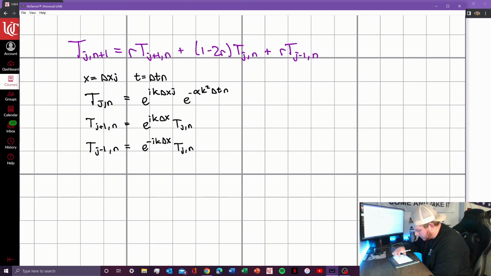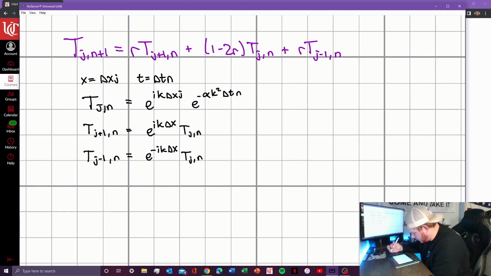So if we want to put all of this together, we would be left with T to the j, n plus 1 is equal to, no, we want this on the outside. So this is going to be T j n.